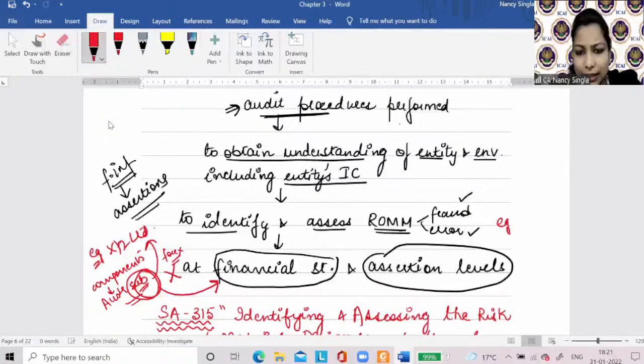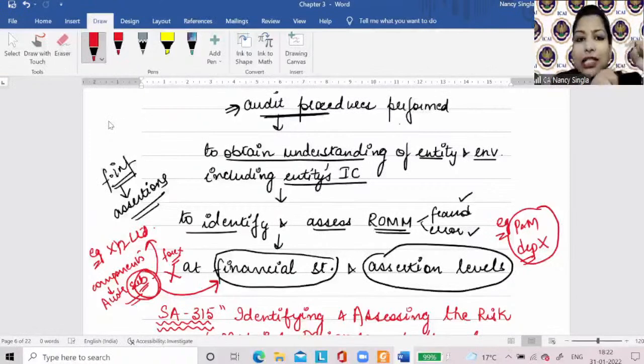Let's look at the example with respect to assertion level. Let's say with respect to plant and machinery, the depreciation is not calculated correctly. So is this going to impact all the assertions of the financial statement? No. It is going to impact the depreciation or the plant and machinery balance.